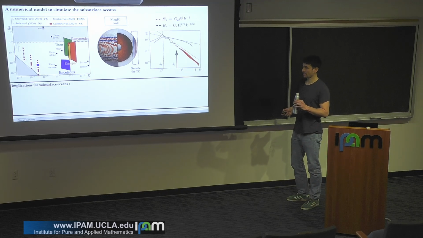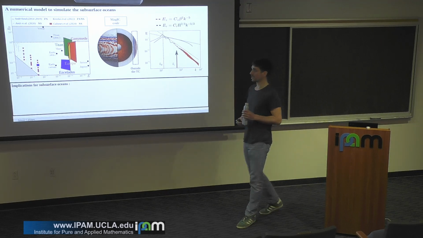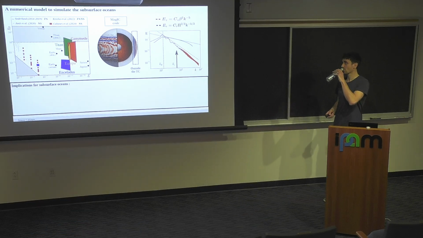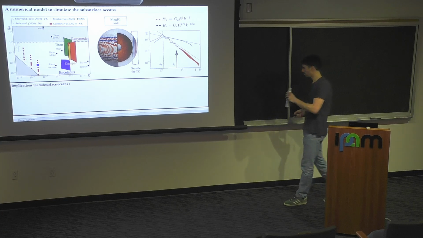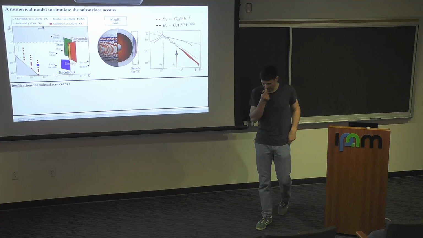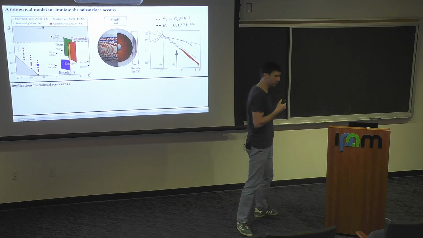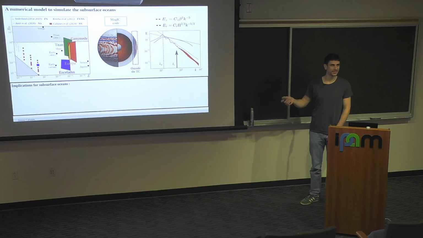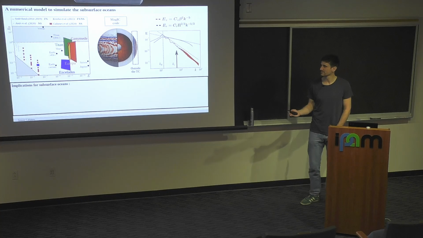So now let's have some discussion about the implications for the subsurface oceans. And that's the part of the talk where we say, let's assume that this typical scaling can be extrapolated to more extreme parameters.